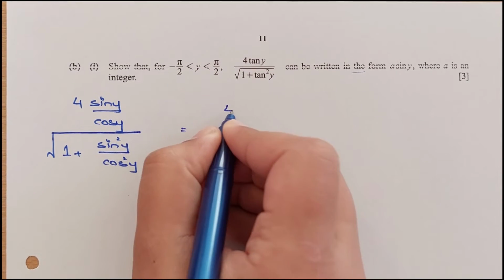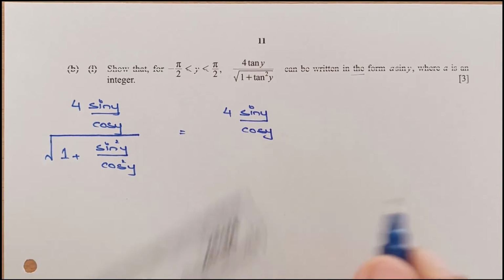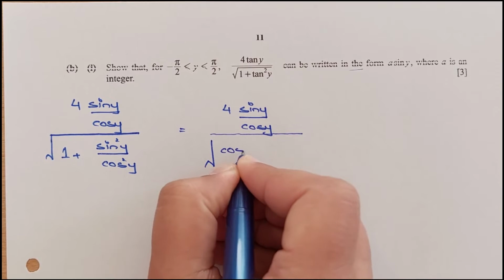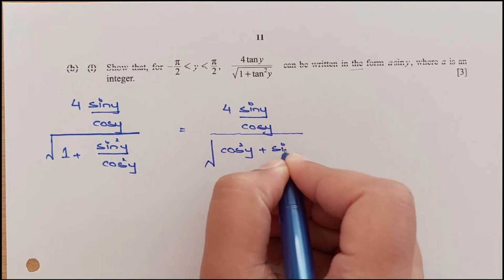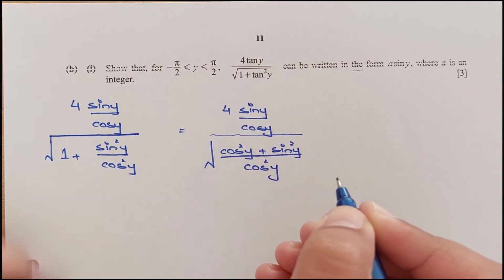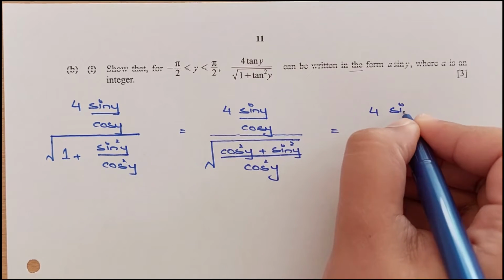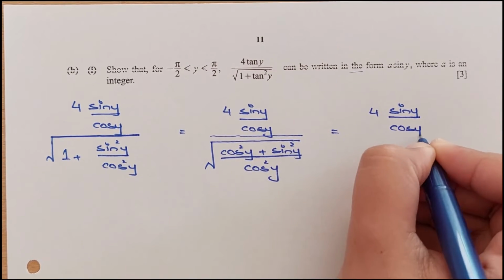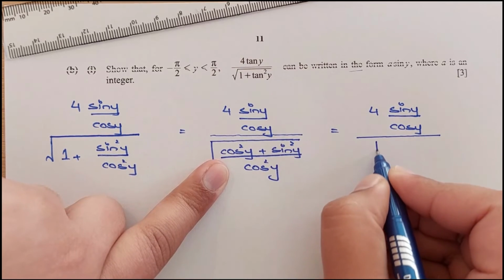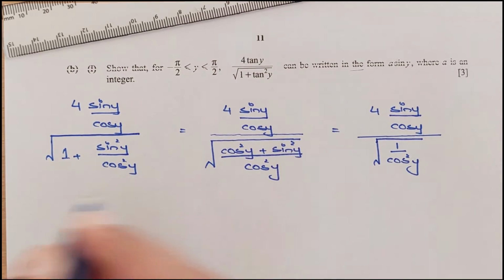For the next step, we have 4 sine y over cos y divided by the square root of cos squared y plus sine squared y over cos squared y. Further simplifying, cos squared y plus sine squared y is just 1, so we have the square root of 1 over cos squared y.